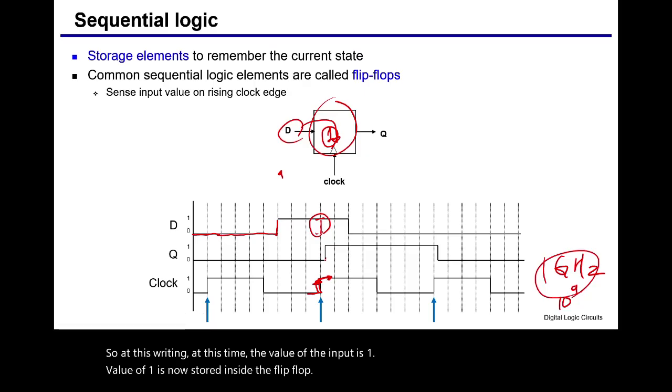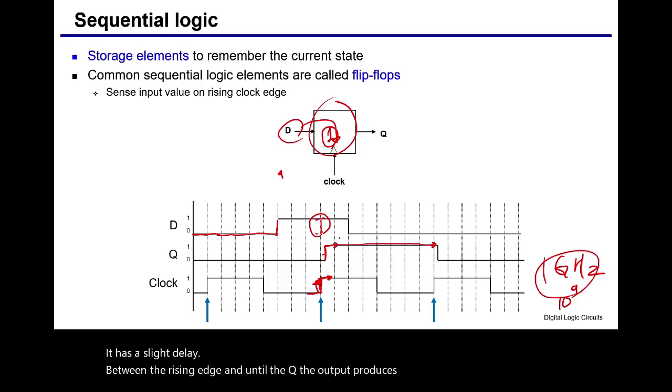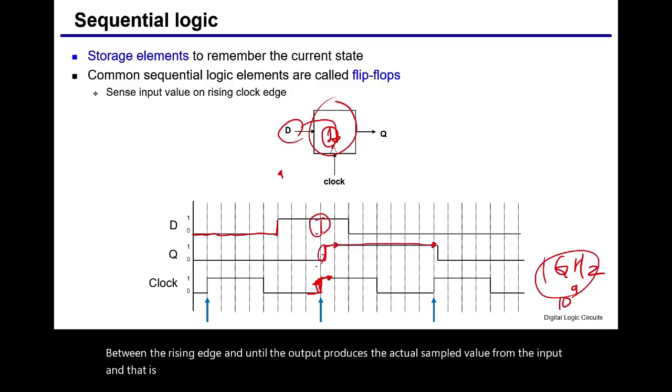And now the Q, the output of the flip-flop, is producing 1 as output. There is a slight delay between the rising edge and when the Q, the output, produces the actual sampled value from the input, and that is some kind of propagation delay here.